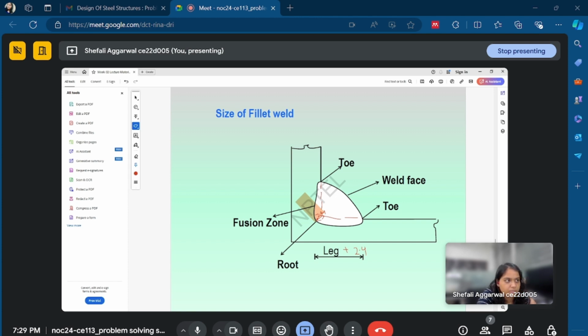If this is more than 2.4, then we call it deep penetration. So this is the criterion where we differentiate penetration and deep penetration. If it is less than 2.4, we can call it shallow penetration, and if it is more than 2.4, we can call it deep penetration. Okay, thank you.